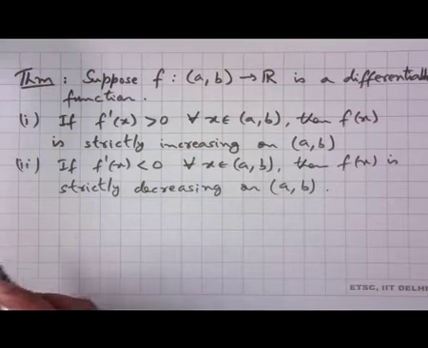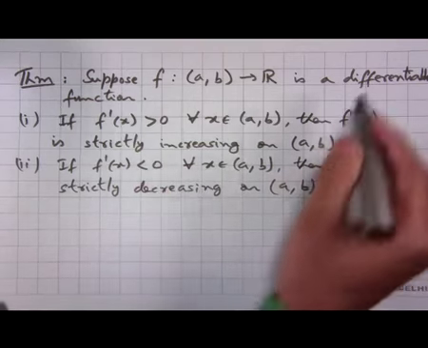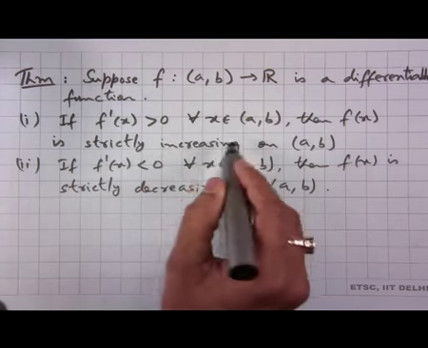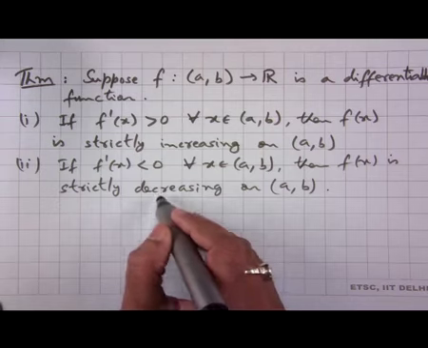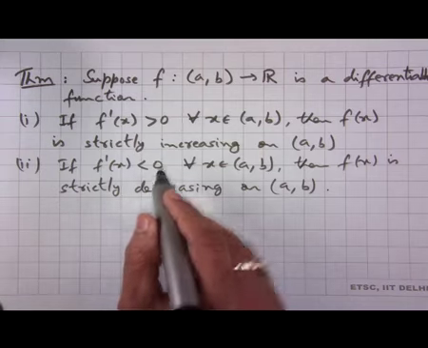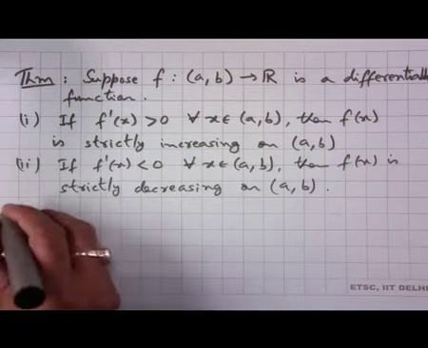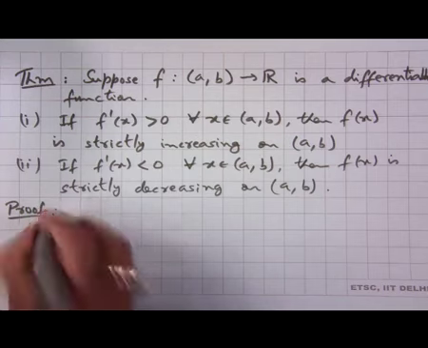We have seen the converse, that if we have a differentiable function and it is strictly increasing, then the derivative is positive, and if it is strictly decreasing, then the derivative is negative. Here we are saying that the converse is also true. So, the proof is again using the mean value theorem.